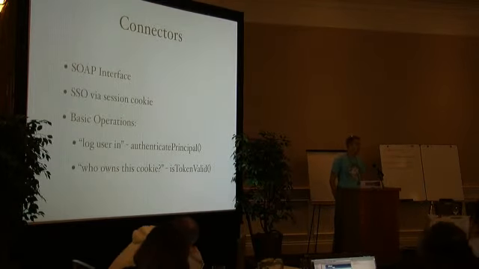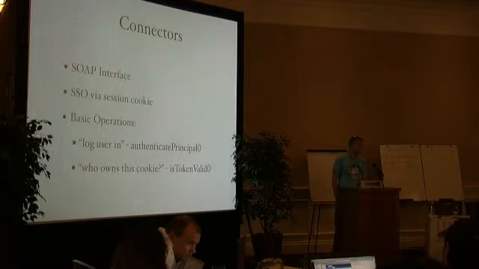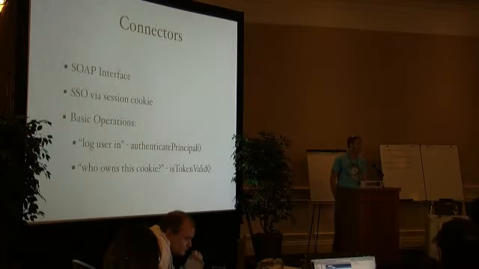You stick it in a session cookie, and hey, they've got SSO across everything that's connected to Crowd. And the other one, which gets called a lot, is isTokenValid. So someone tries to load a page in your app, and you read the cookie out, send it off to Crowd, and go yes or no, and who are they?